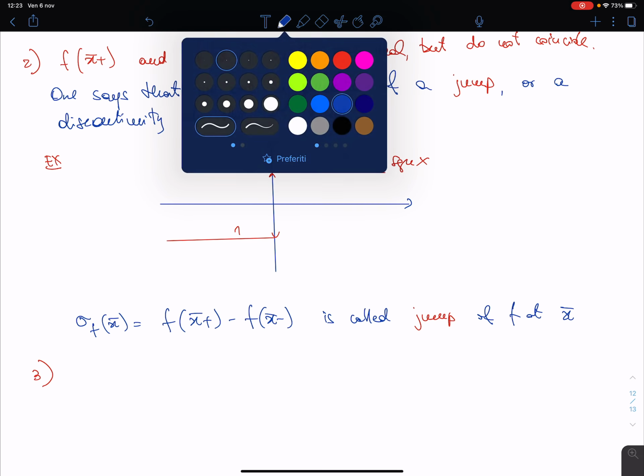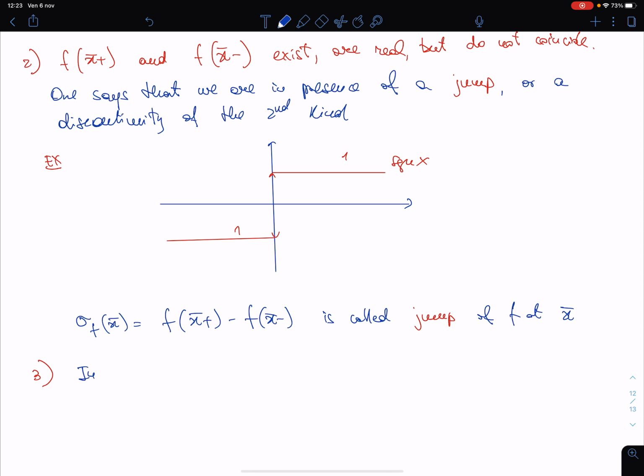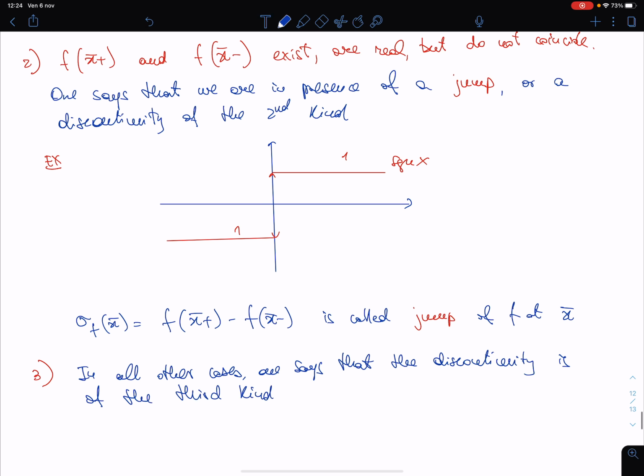In all other cases, which means when at least one of the two left and right limits does not exist, or they are infinite and so on, in all other cases, one says that the discontinuity is of the third kind. In other books it is a bit different.